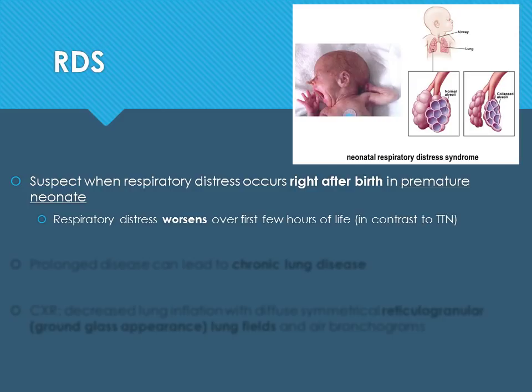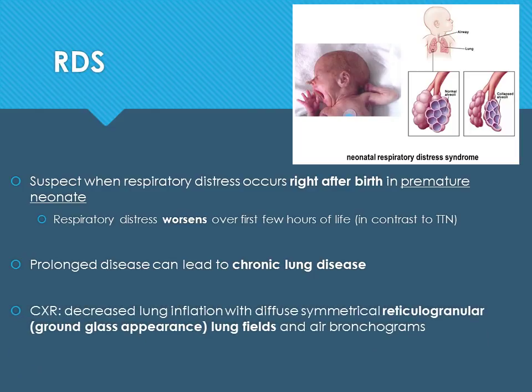And unlike TTN and MAS, with RDS the respiratory distress actually worsens over the first few hours of life. If they have prolonged disease, if they don't get surfactant right away and their alveoli cannot increase, then that can progress to chronic lung disease.